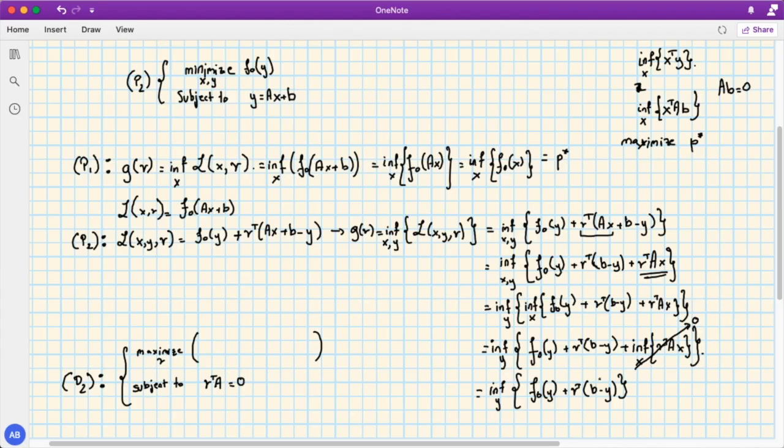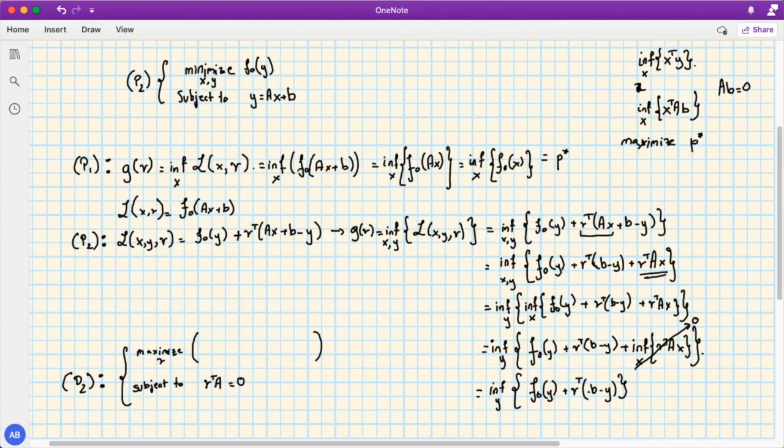Now, to finalize, let me fix that transpose over here. I don't like how it looks. So this is a transpose, this is b minus y. Okay.